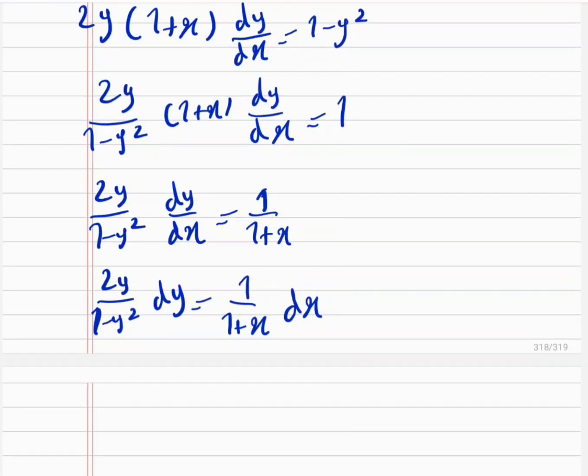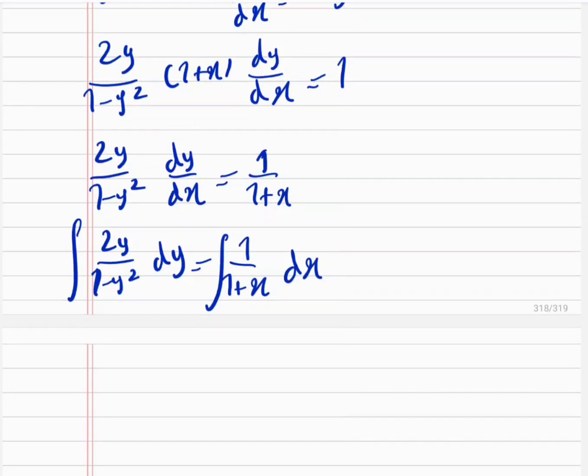At this point, we can finally integrate both sides. Interestingly, both are just ln. What I mean is that for the left side, let's make the educated guess that it integrates to ln of modulus 1 minus y squared. But let's differentiate this and see if this gives us the same answer.